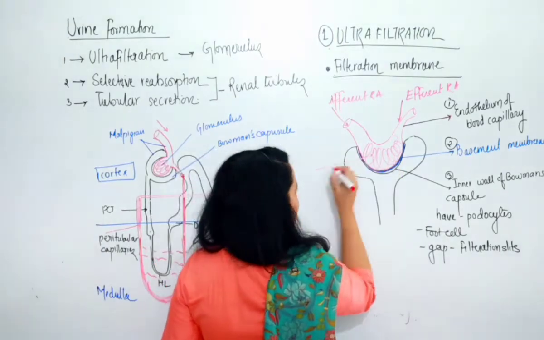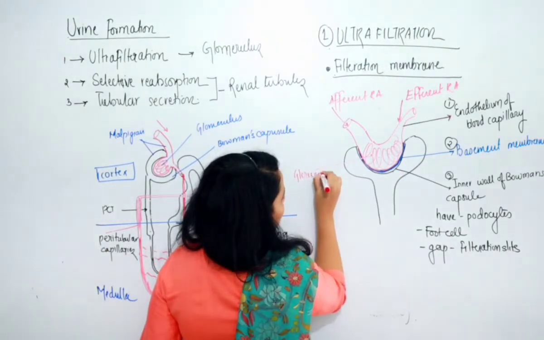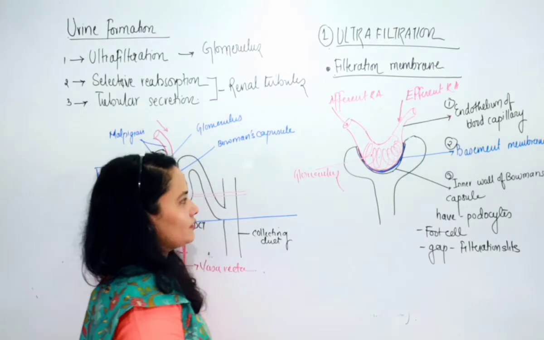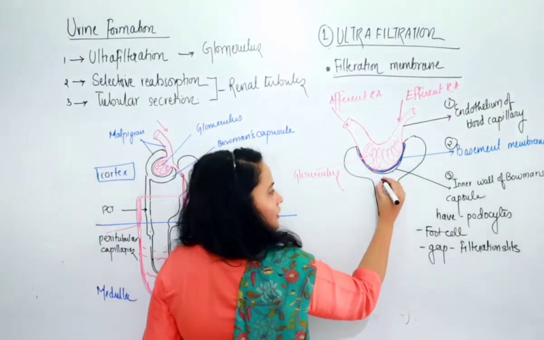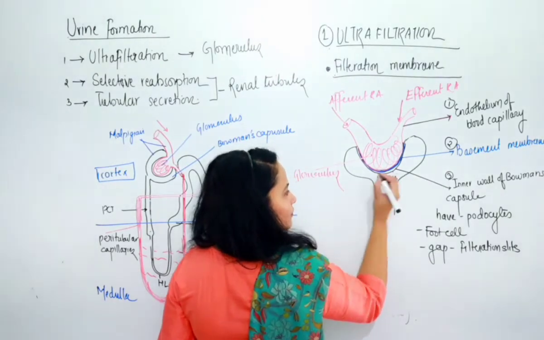So here we write it as glomerulus. And the next structure below that is this. It is the lumen of Bowman's capsule.